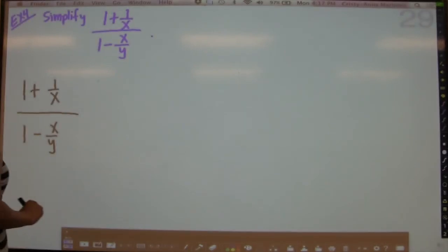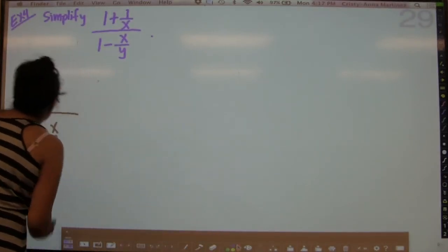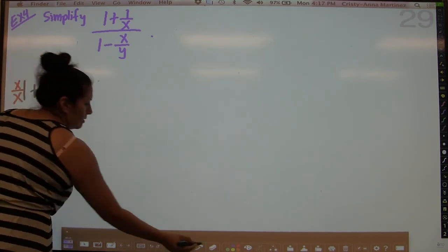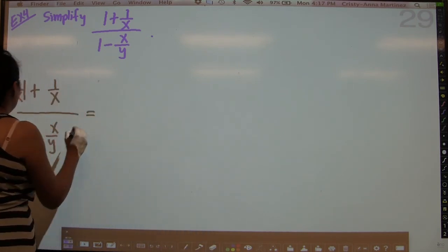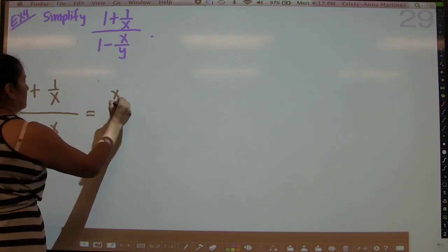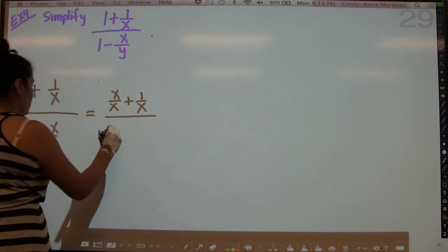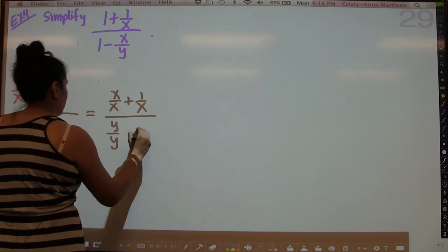Okay, so one thing you can do is multiply the top and the bottom over here and the top and the bottom over here separately. So you could get x over x, which is the same thing as 1, y over y, which is the same thing as 1, and then you would have x over x plus 1 over x, and then over here you'd have y over y minus x over y.